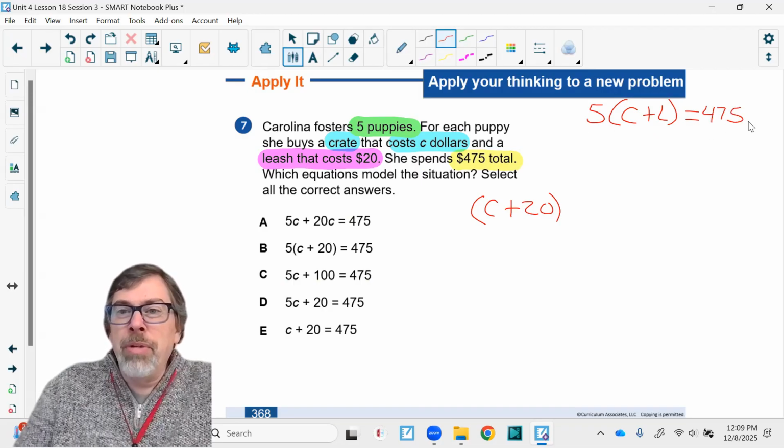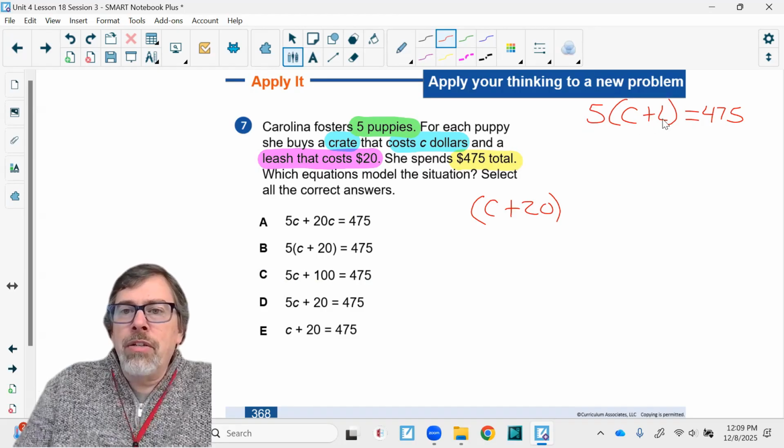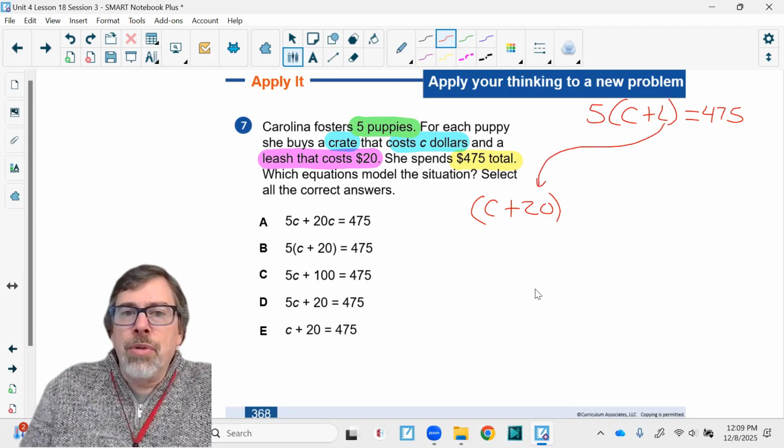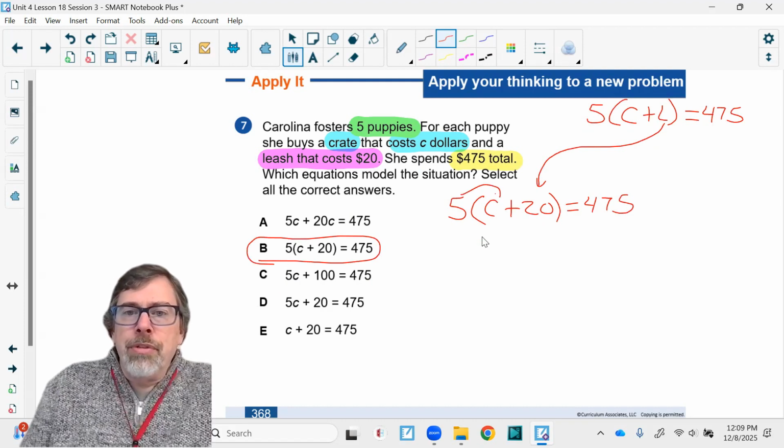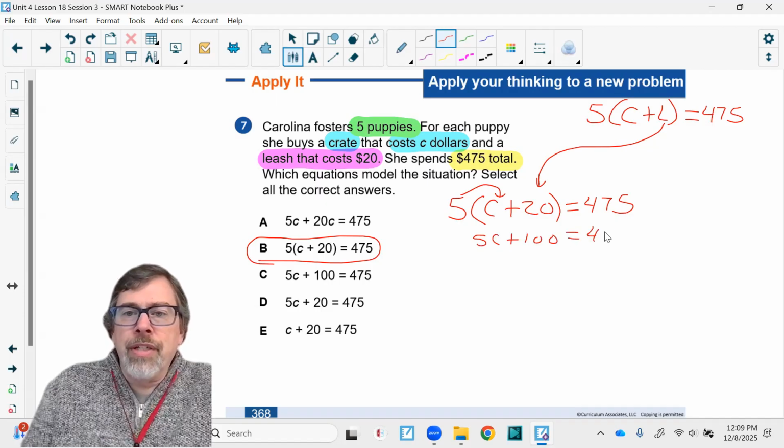So this could be our equation. But then I know my leashes are $20. So now we have 5 times this crate plus $20 leash still equals $475. That is right here. But if I distribute, I get 5C plus 100 equals $475.